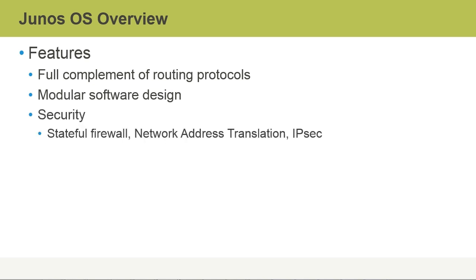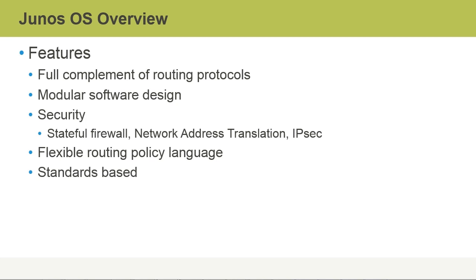Some of the security processes that the Junos operating system supports include stateful firewall, IP security, and although network address translation, or NAT, wasn't specifically designed as a security process, it does disguise a host's actual source address and port. So I'll mention that here as well. Junos also offers an adaptable and flexible routing policy language. So for example, you can dynamically adjust Open Shortest Path First interface metrics based on bandwidth or control route preferences.